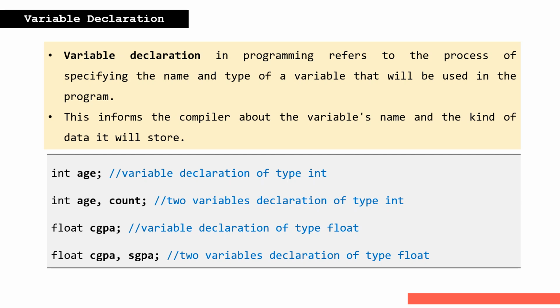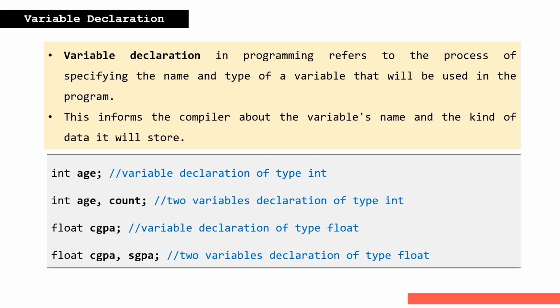Then we will come to point number 2, that is variable declaration. Variable declaration in programming refers to the process of specifying the name and type of a variable that will be used in the program. This informs the compiler about the variable's name and the kind of data it will store.